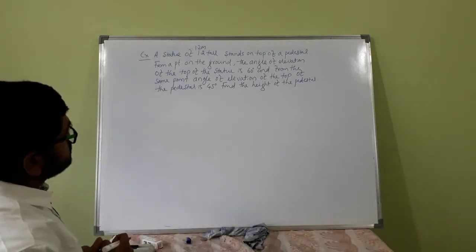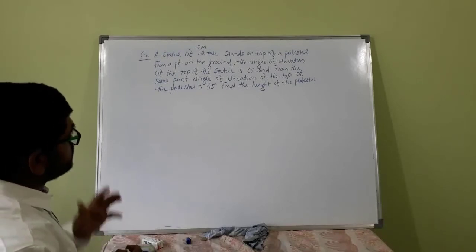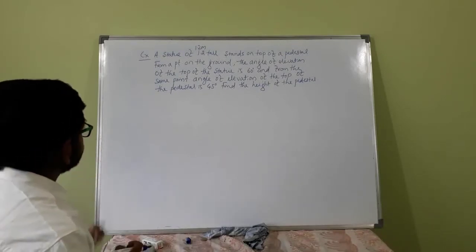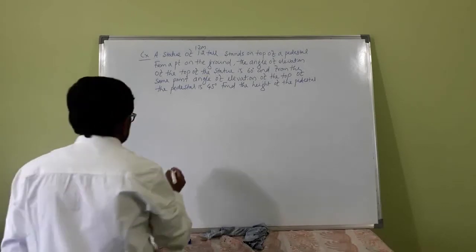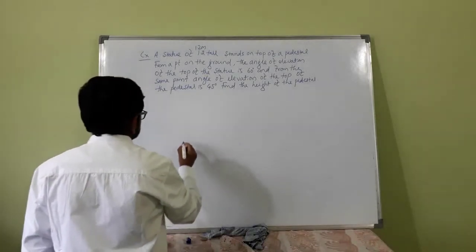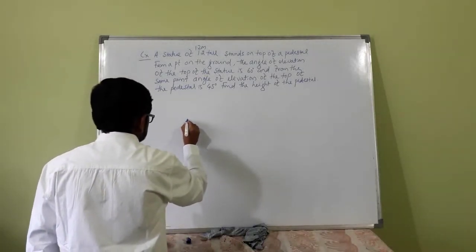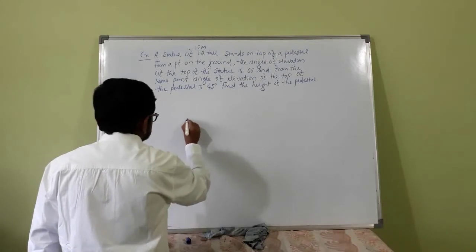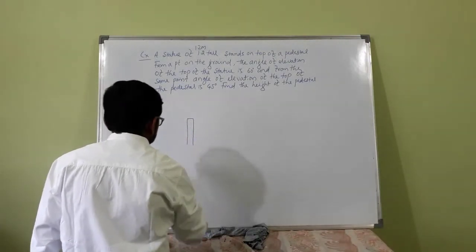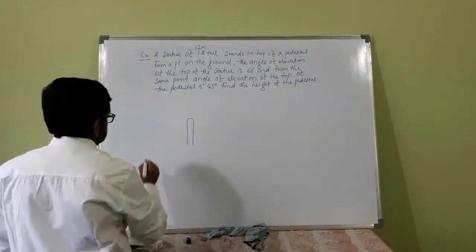See here, only two angles are given, and two unknowns are here. Okay, let us draw it first. Suppose here is the pedestal, which is perpendicular to the ground.